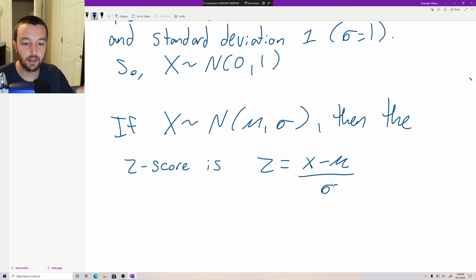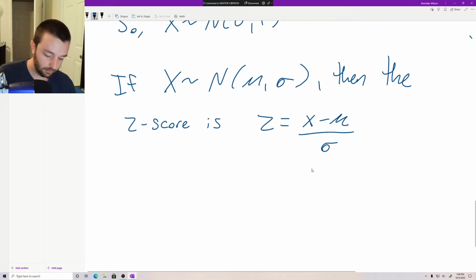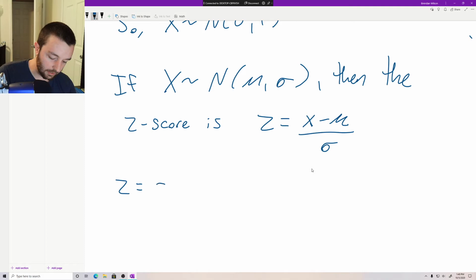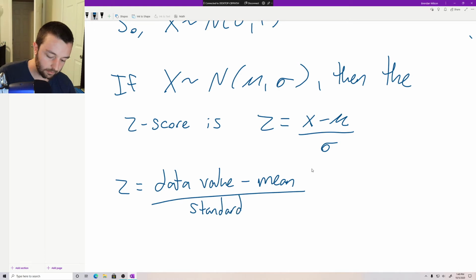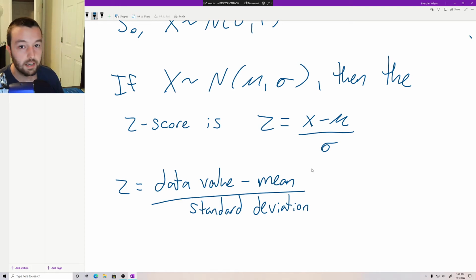So we take our data value, our x, we subtract the mean, and we divide by the standard deviation. So I'll write it out in words. So z is the data value minus the mean divided by the standard deviation. Okay. So we take our normally distributed data, we find the z-scores for all of the data, and now we have a standard normal distribution for data with those z-scores.